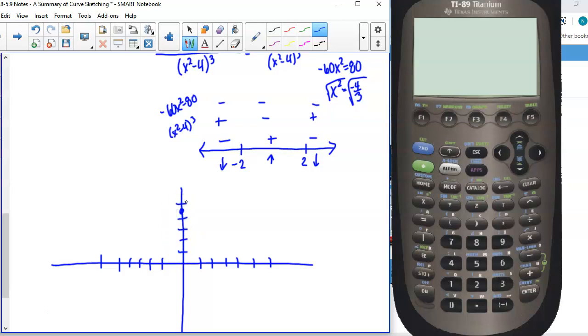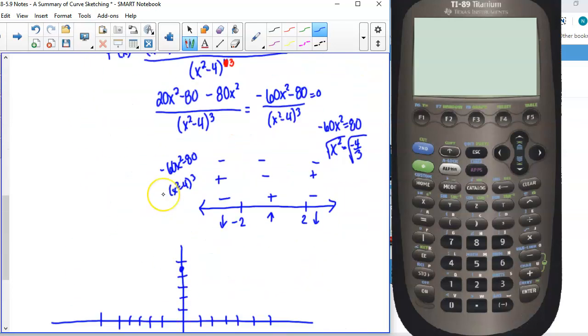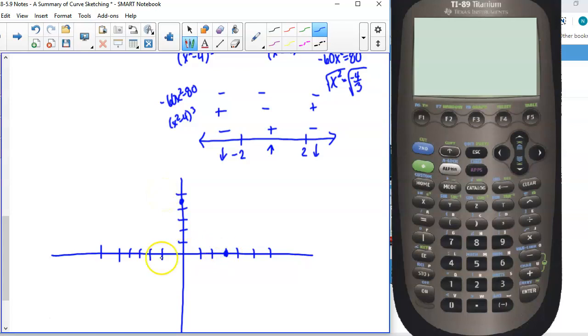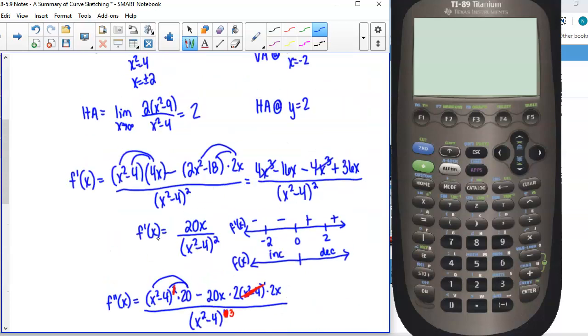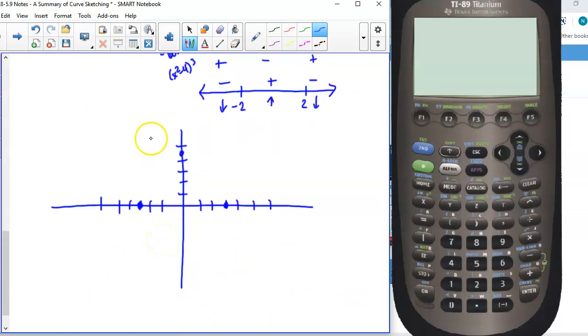We have x-intercepts at 3 and negative 3. We have vertical asymptotes at 2 and negative 2. We have a horizontal asymptote at positive 2.